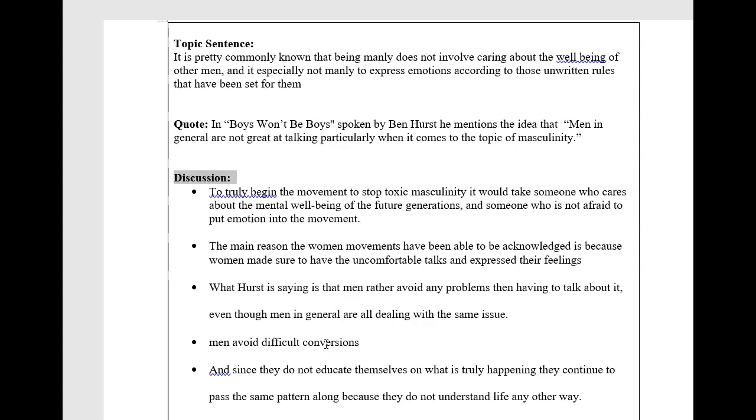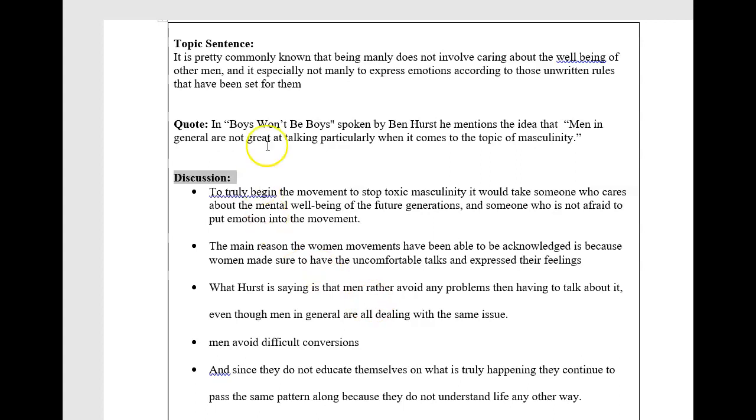Like when you're writing, you get lost in a flow and you need to take it apart to see the pieces. So I can see that in her topic sentence, she's saying something about being caring and not expressing emotions. But her quote is about whether or not men talk about masculinity, and most of her details are about whether or not men talk about masculinity.